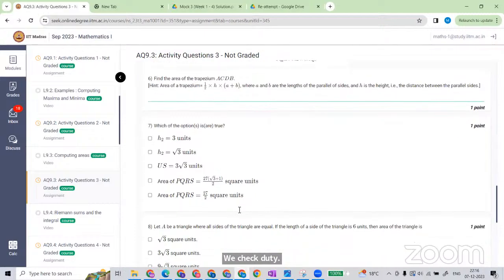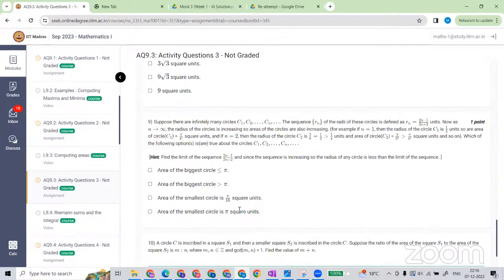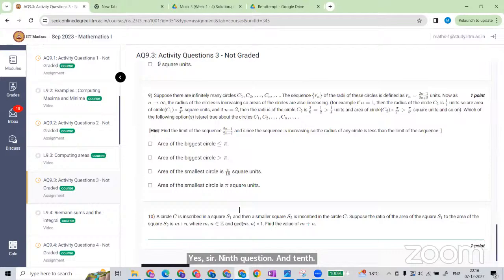Scroll down, sir. Yes, sir. 9th question and 10th question. 9th and 10th. 10th answer I know, but 9th. So in 9th, what is the issue in this problem?